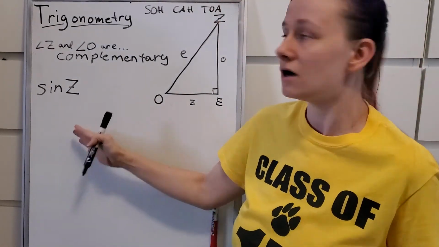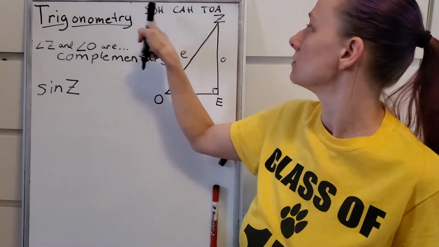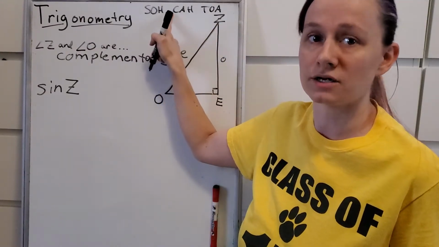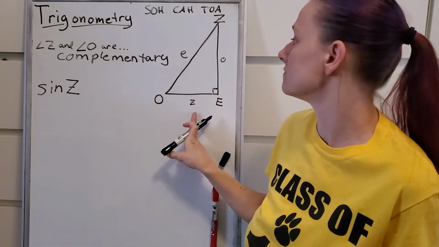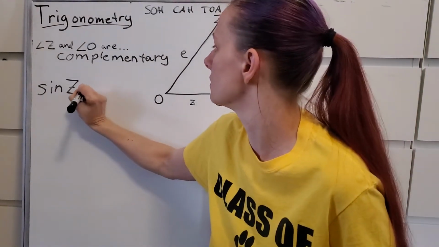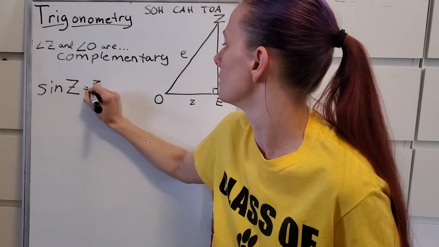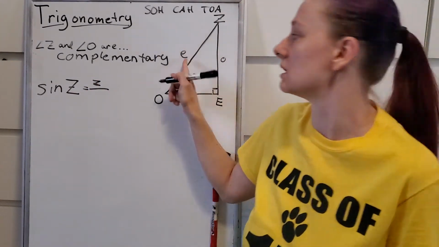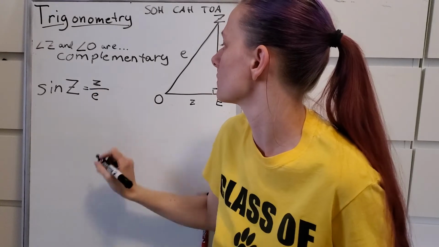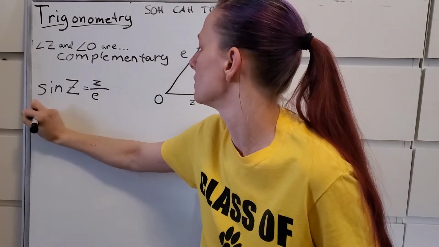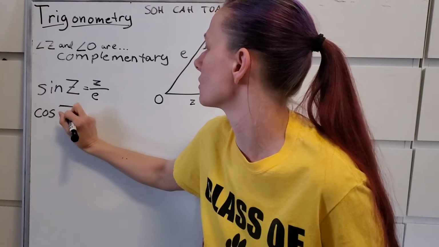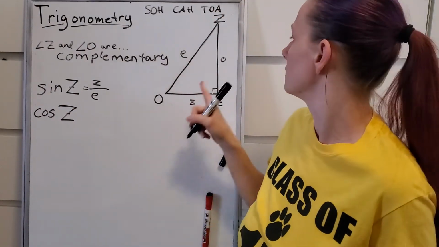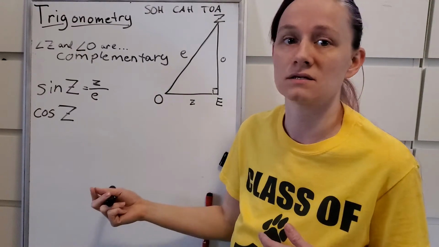So the sine of angle Z, we know that sine is opposite over hypotenuse. So we look at the opposite side. The opposite of Z is Z, and then the hypotenuse is E. And then cosine is going to be the adjacent.